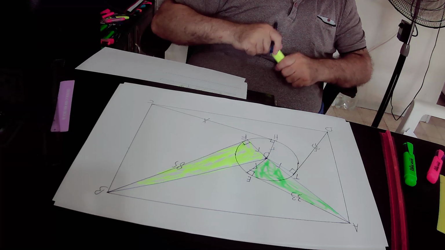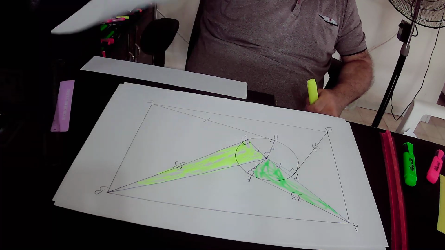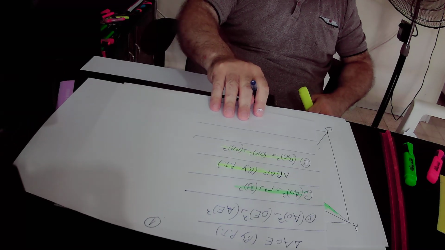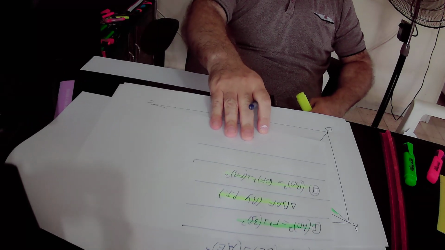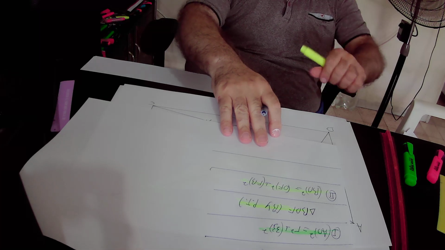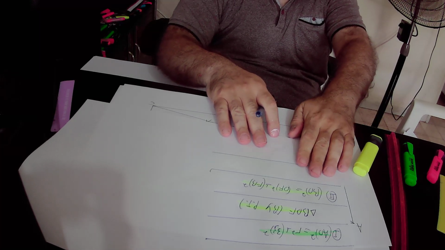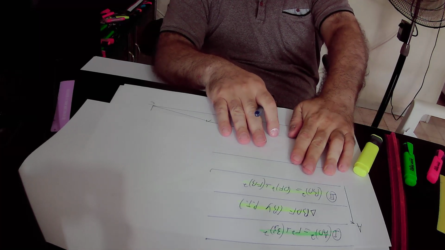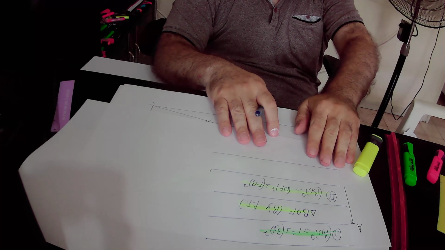I repeat again, in the yellow right triangle BOF, according to the Pythagoras theorem, we get that BO square equals OF square plus FB square.